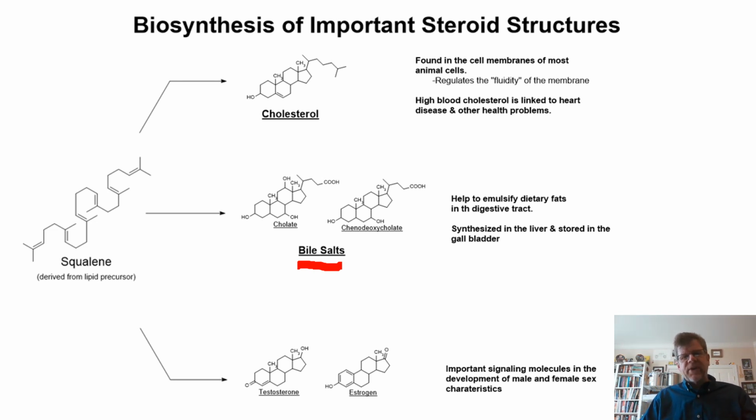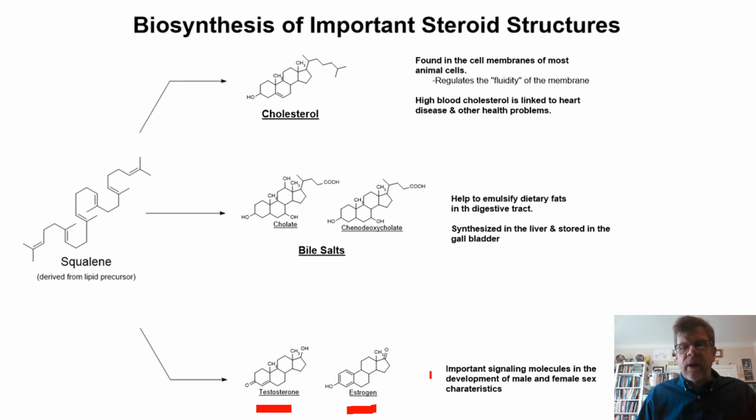The last type of important steroid structure that we're going to be looking at are the human sex hormones. Human sex hormones, the male sex hormone, that is testosterone, the female sex hormone, that is estrogen. Now, both of them, interestingly, are of steroid structure.